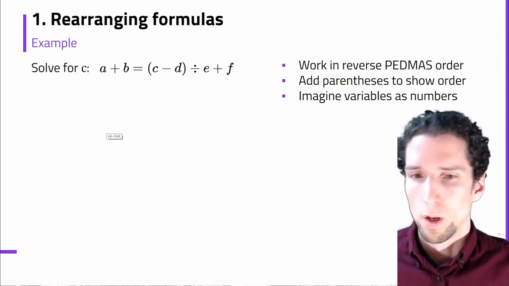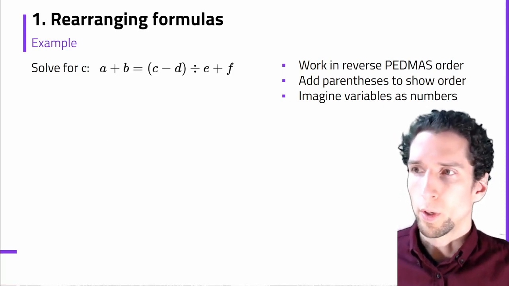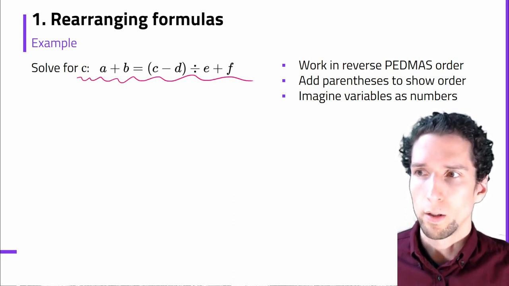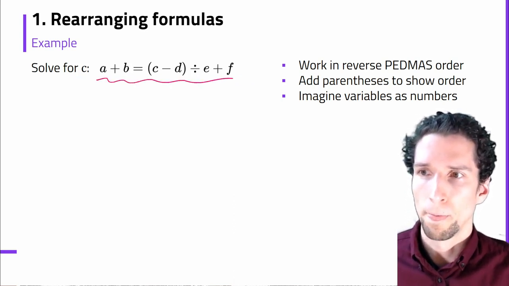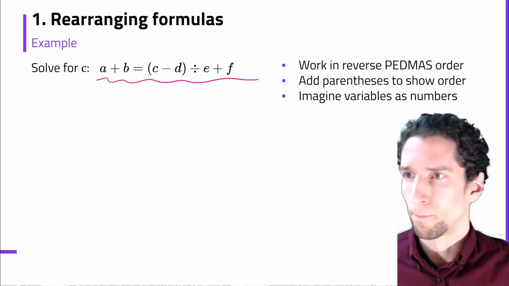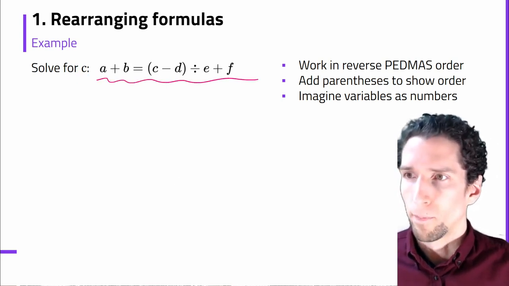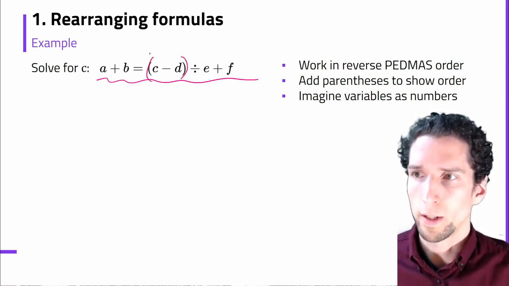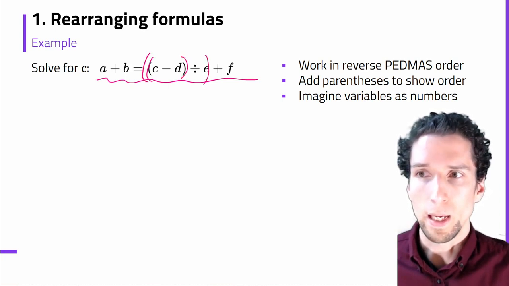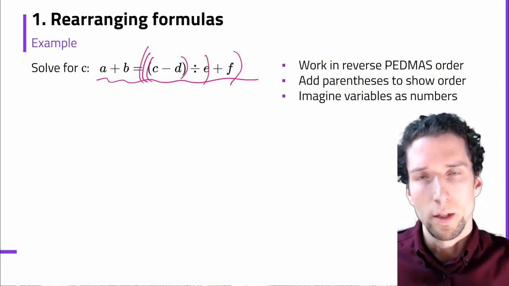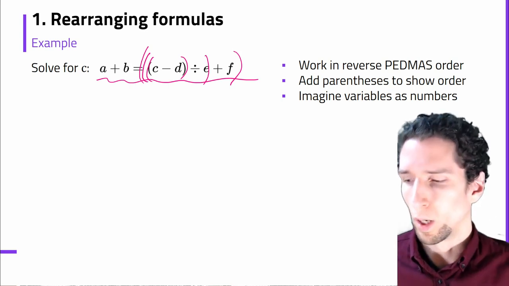So this is the question that I showed you at the beginning of the previous video. We have this long thing here, and we are being asked to solve for C. Okay, so I'm going to do the brackets method. We have brackets here, and then next we are dividing by E, and then finally we are adding F. So let's go from the outside and work in.